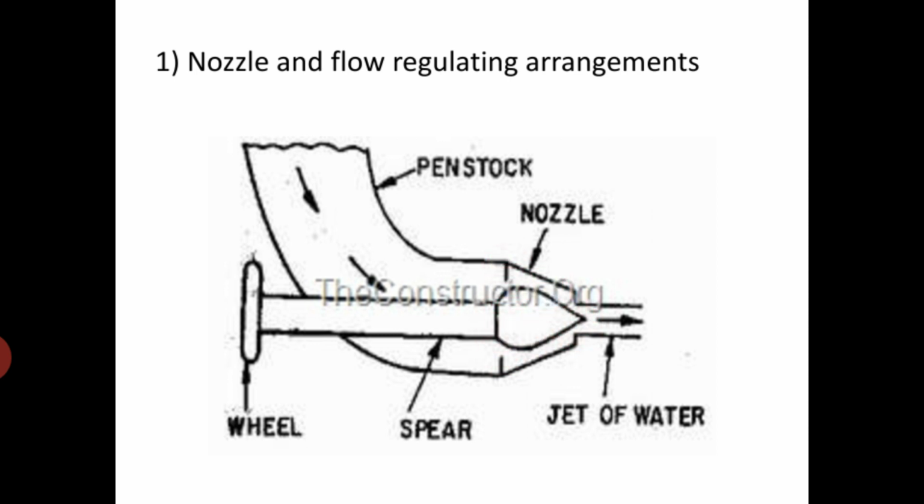This is the nozzle from where the jet issues and impinges on the buckets of the Pelton wheel. The change of momentum of the fluid as it changes its direction along the bucket results in rotation of the wheel.